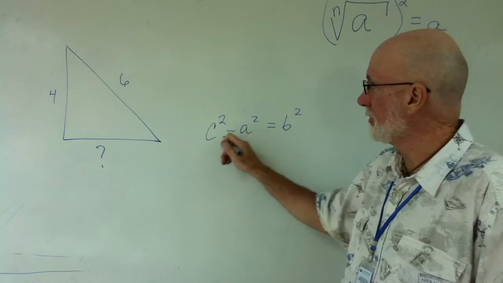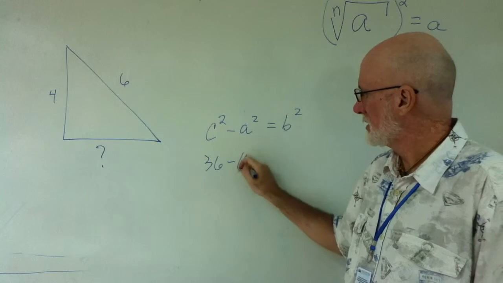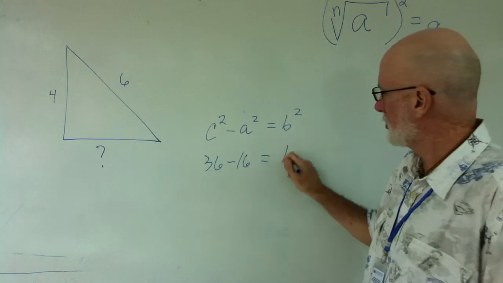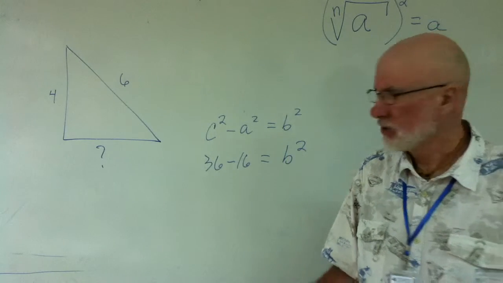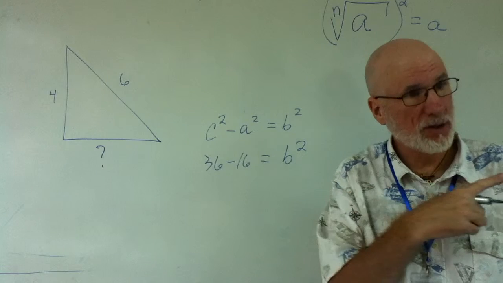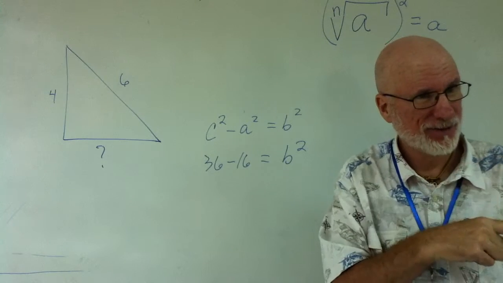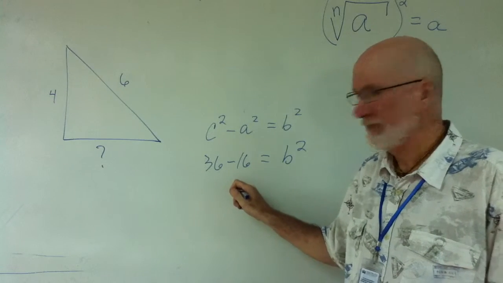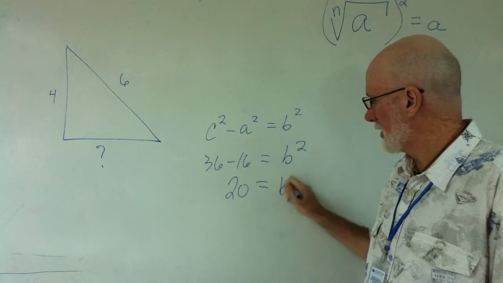So this is going to be 36 minus 16 equals what? 20. B squared. What's 36 minus 16? Could you please look up here and ignore that out there? Thank you. So what's 36 minus 16? 20. 20 equals b squared.